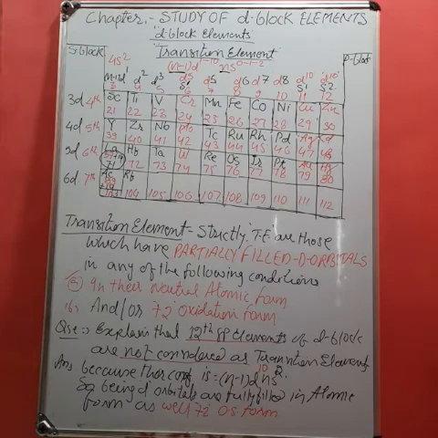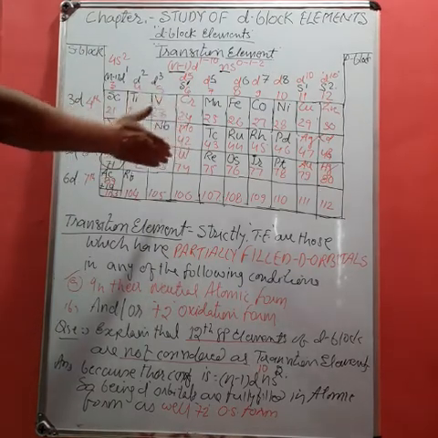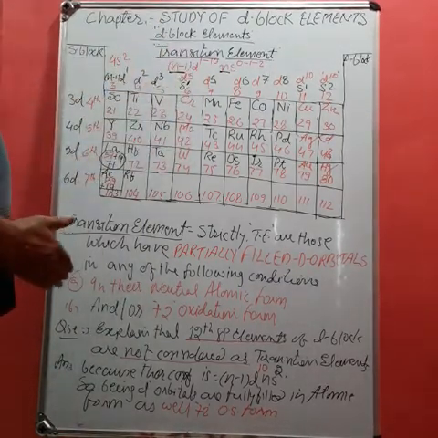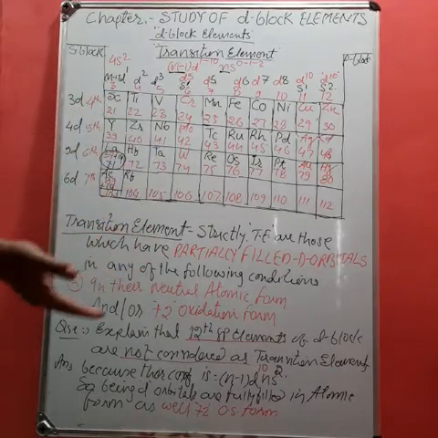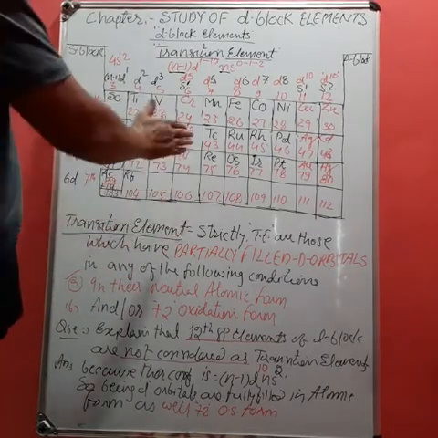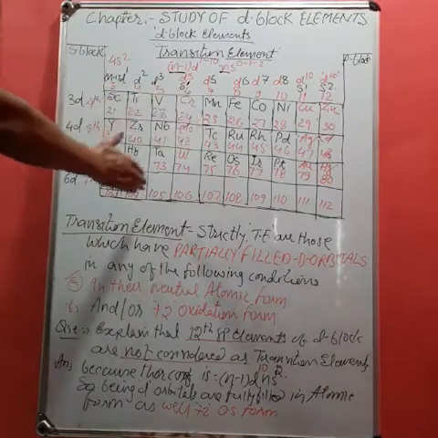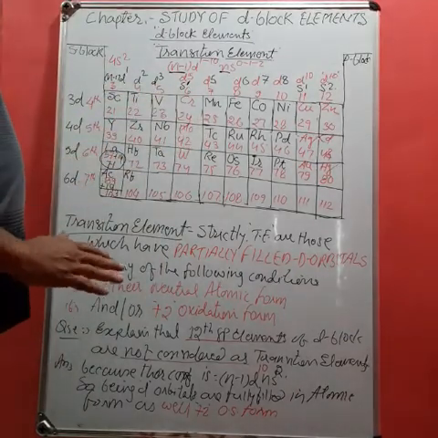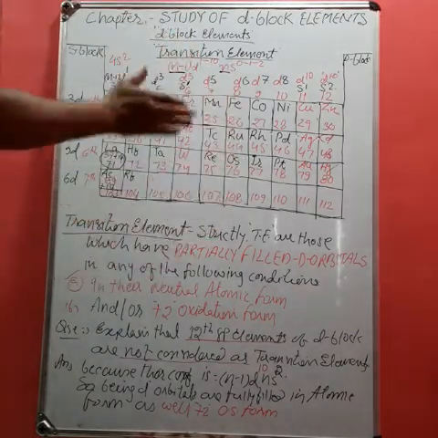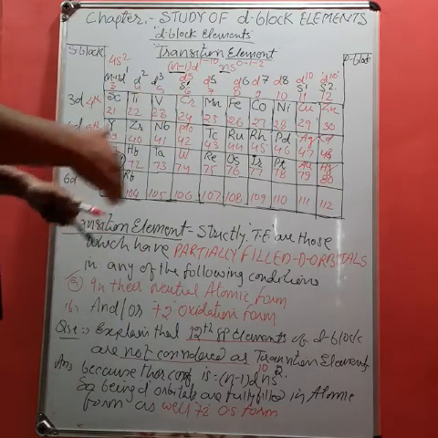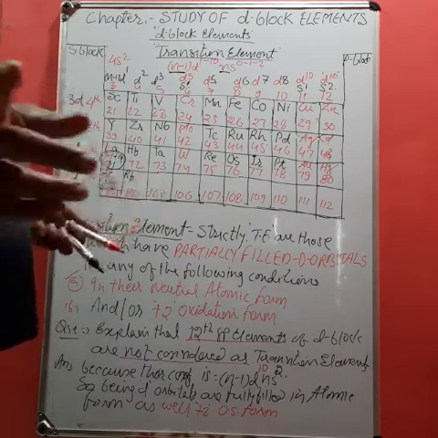So again, on the basis of this periodic table, we will check the other properties. It is not possible to keep this writing on the board. I have to erase it, but every time you have to watch this video whenever I discuss the different properties.